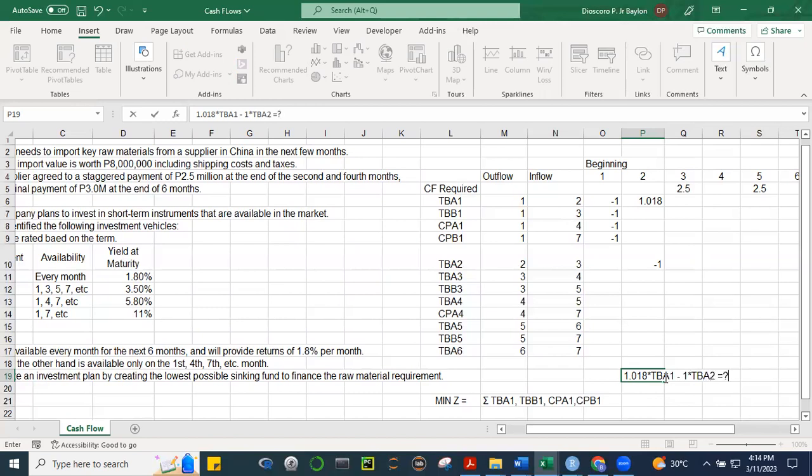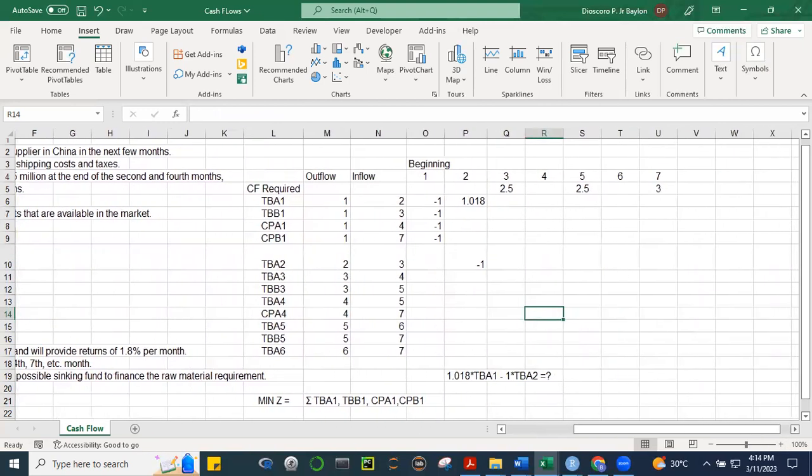It's equal to what, class? What do you think? 1.018 times TBA1 minus 1 times TBA2 is equal to, it's there, class, it's there on top. You can find the answer there on top.